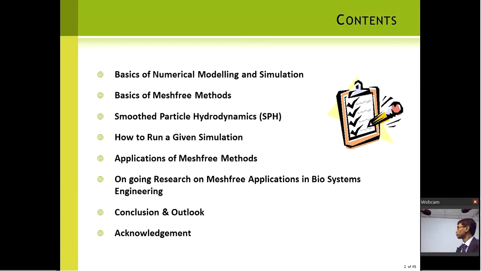So the presentation outcome contents, basically we'll discuss on the numerical modeling and simulation overall, doesn't matter if it's a Meshfree or any other method. Then we move into the basics of Meshfree methods, and particularly we'll discuss smoothed particle hydrodynamics, which is a key technique in this particular method, in which I also have some expertise.